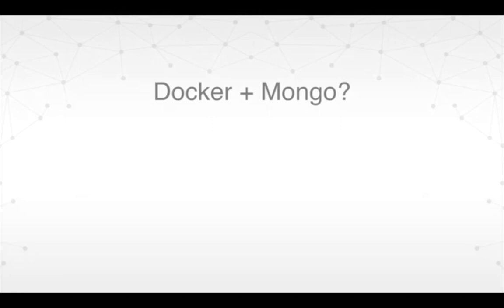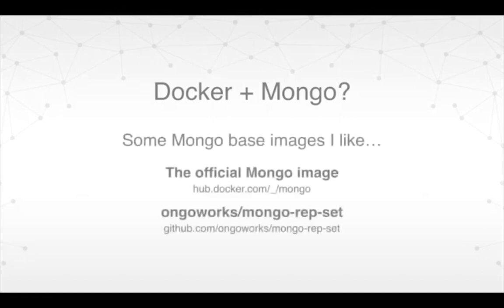For the purposes of this talk and the demo I'm going to do shortly, we are going to do a Dockerized version of that, and I'm going to tell you the couple of caveats you have to think of there. There are a couple of images I like for that.